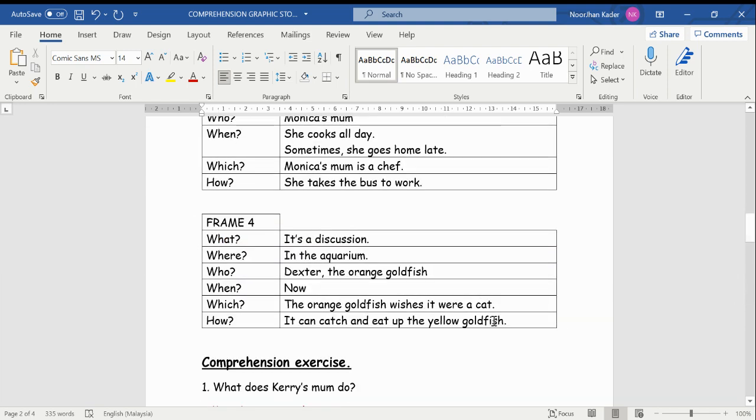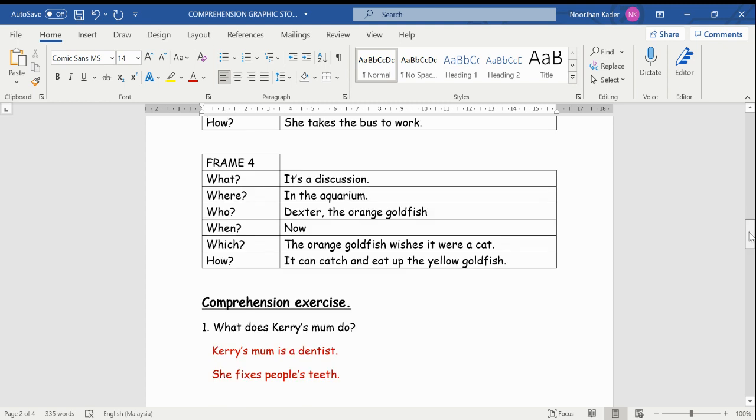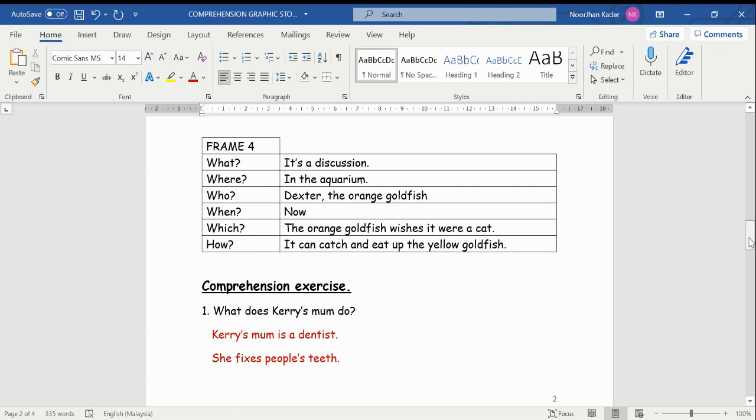Even though I know the name is Dexter, I still write the answer as it. Why? Because I don't want the yellow goldfish to be it, and then the orange goldfish to be he. I don't want that confusion. So I feel it's better to use it, even though the orange goldfish has a name. You can use either one, but I wish to use it because it also refers to fish.